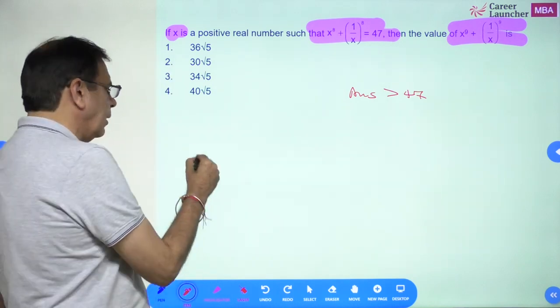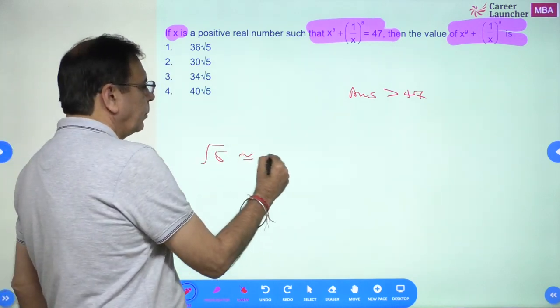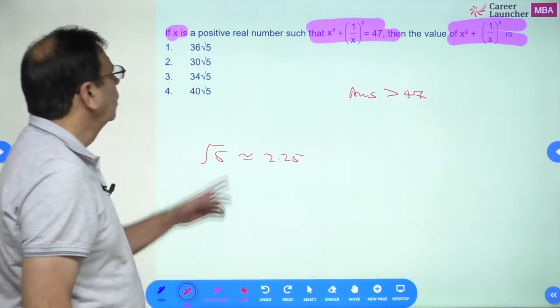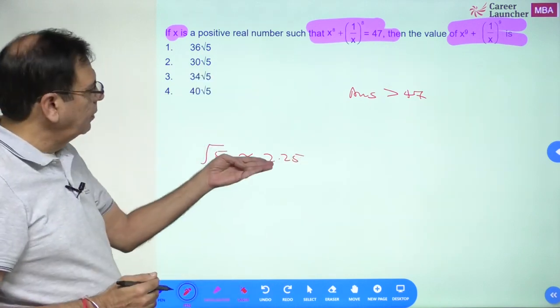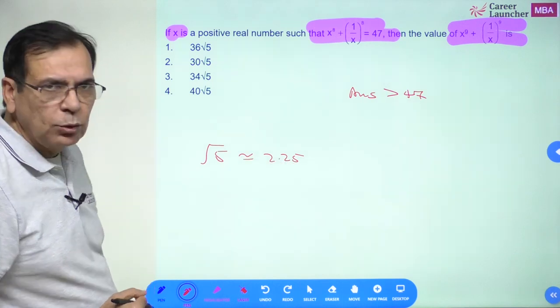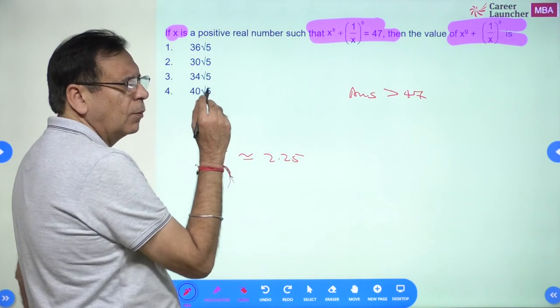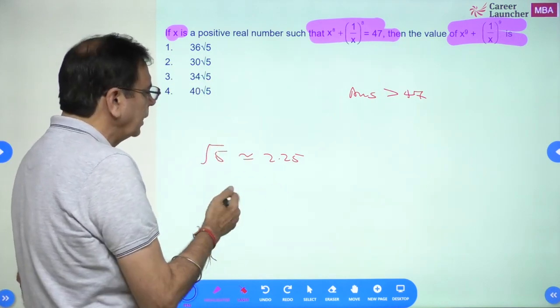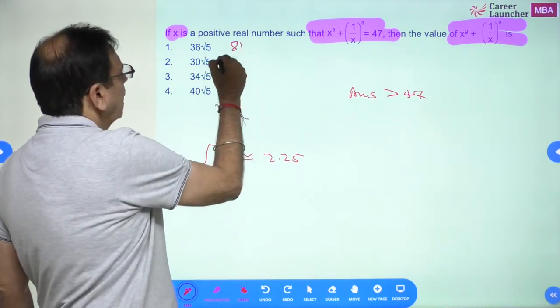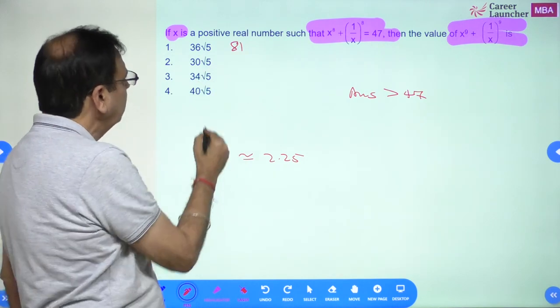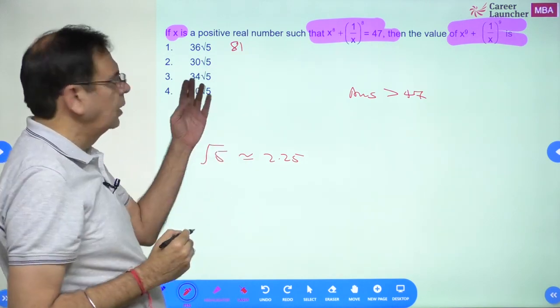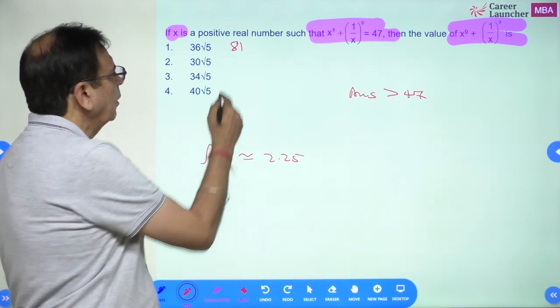What is under root 5? Under root 5, I know, is approximately 2.25. So what is this? 36 into 2.25? 36 into 2 is 72, and a quarter of 36 is 9, so 72 plus 9, 81. And 30 root 5: 30 into 2.25, 30 into 2 is 60, plus 7.5, 67.5.